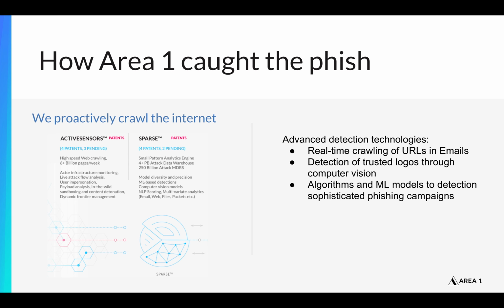And once we identify those pages, we can run some more sexy detections, things like computer vision, to determine the logos that are showing on a page, and whether we can trust the page where these logos sit. And finally, our backend technology uses all this data, in combination with our threat research and the algorithms and machine learning models that we develop, to more easily detect these sophisticated phishing campaigns.